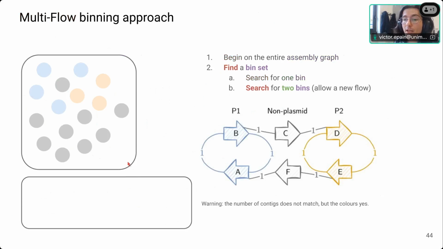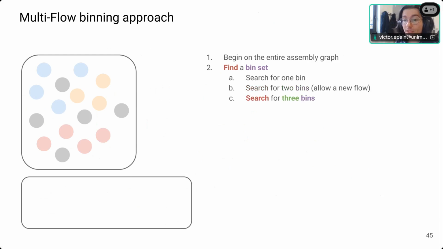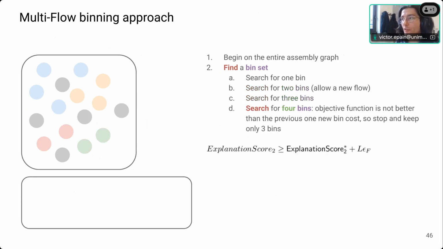Now the solver will likely provide me the two different plasmids. Why? Because the objective function is better to not take the non-plasmidic contig. Right? Now I'm allowing a new flow such that it corresponds to a new bin. I'm searching for 3 bins, then I'm searching for 4 bins, but here I force the solver to find exactly 4 bins.